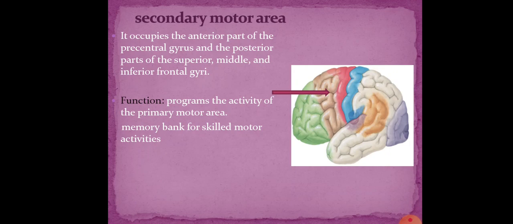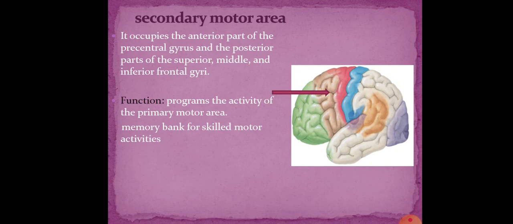This area responsible for program the activity of primary motor area, and also this is the memory bank for skill motor activity. يعني كل ما الزول يتعلم لهم motor activity بتتخزن وين؟ بتتخزن لي في a secondary motor area.